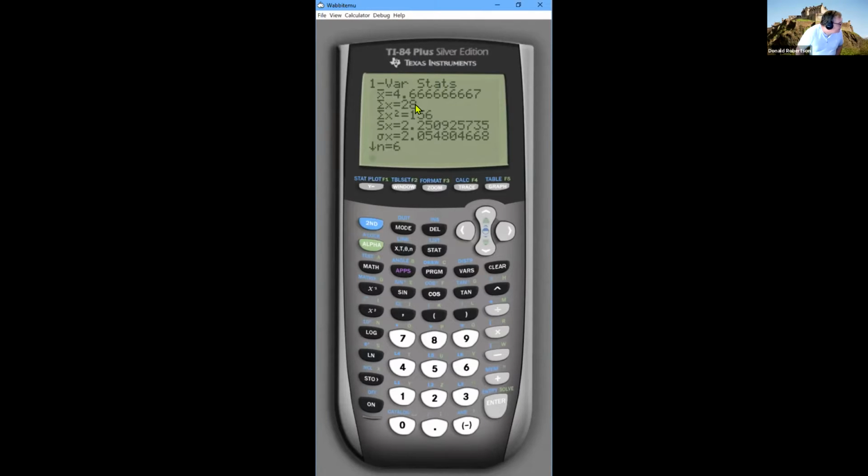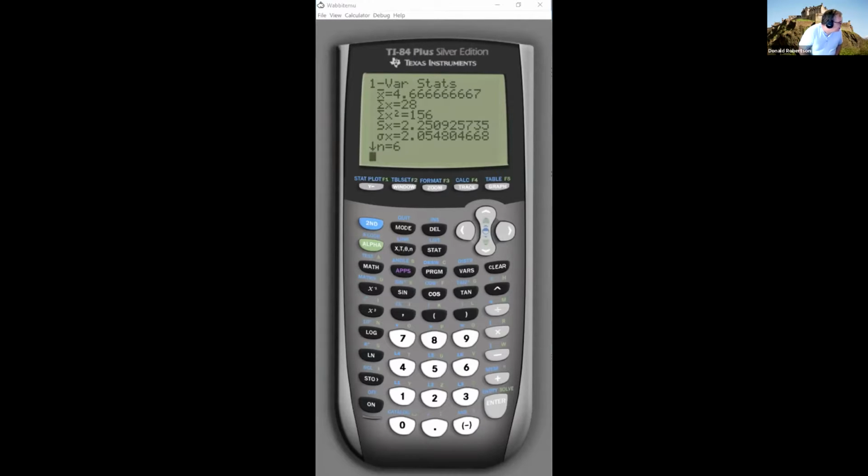Standard deviation is this guy here called SX. S is short for standard deviation and X is for data. So it's really trying to do in two letters a lot of words. It's the standard deviation of the data, SX.